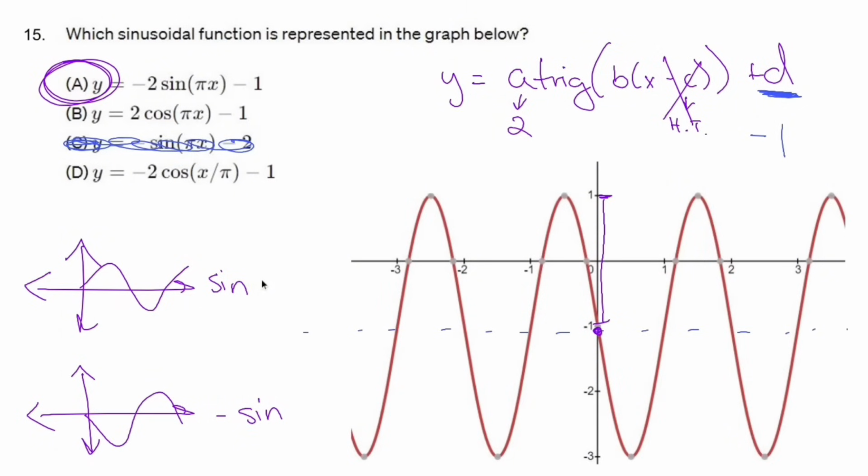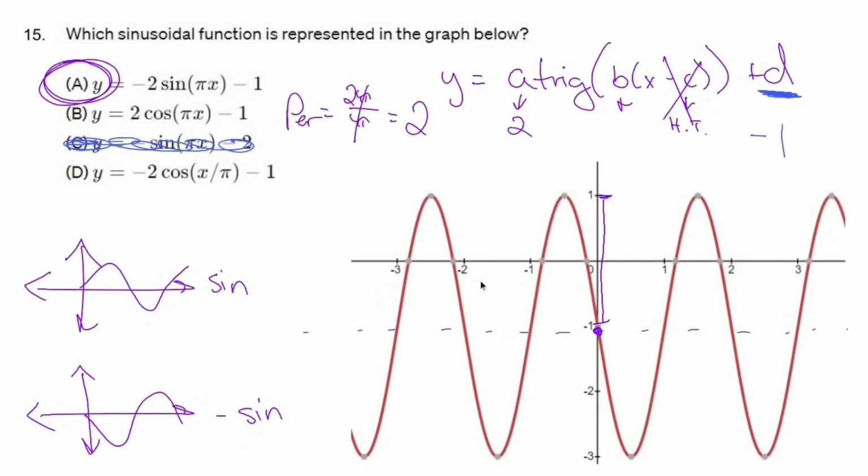Now let me make sure that I'm good and that the frequency is pi. B stands for the frequency. If you have a frequency of pi, the period is going to be 2 pi over the frequency. So in this case, my period is 2.